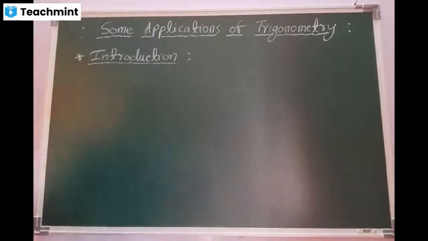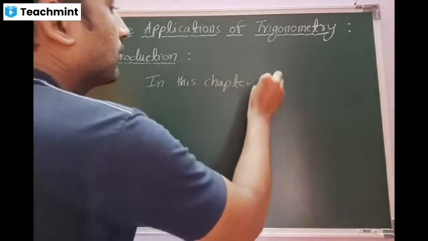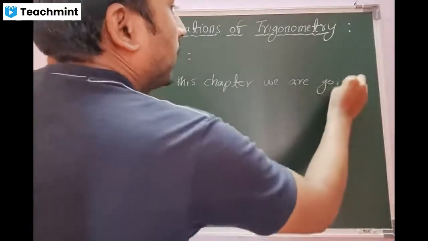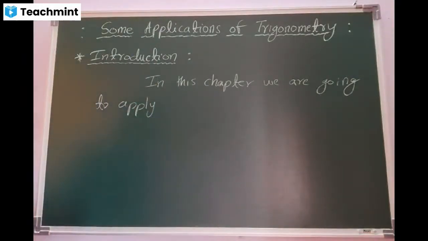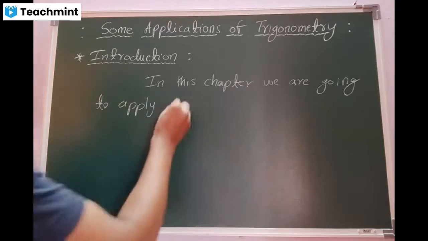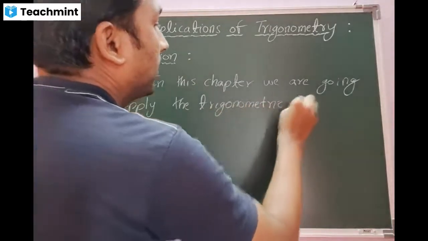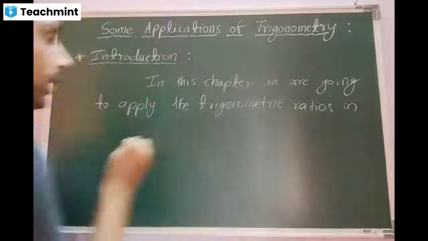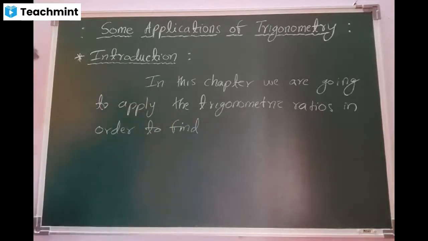Write down. Make a paragraph. In this chapter, we are going to apply the trigonometric ratios in order to find the heights and distances.